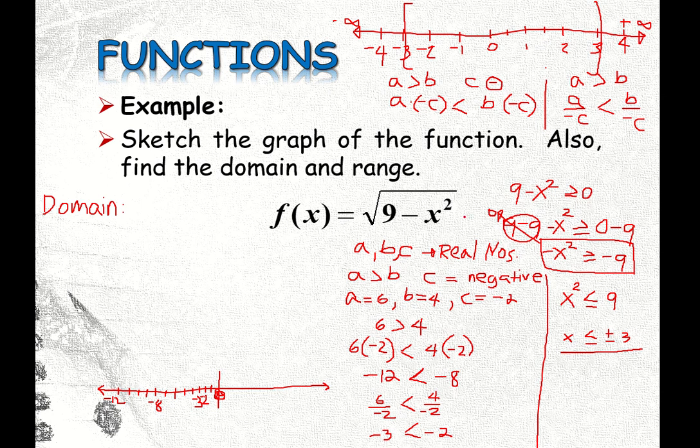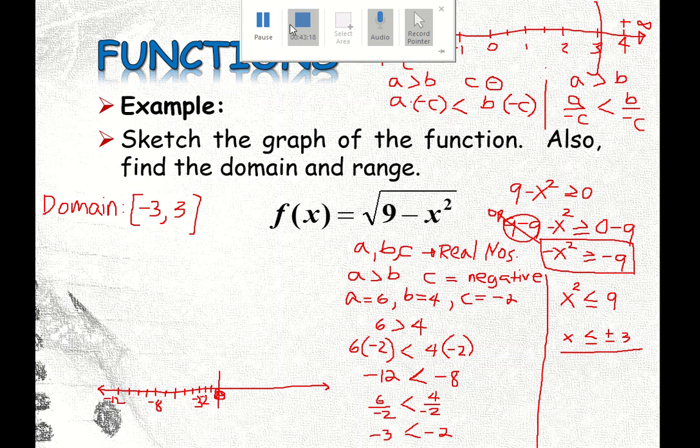If you have positive 3, 3 squared is 9. 9 minus 9 is 0. Square root of 0 is 0. So 3 is included. So therefore, the domain is negative 3 to positive 3. That's the domain.